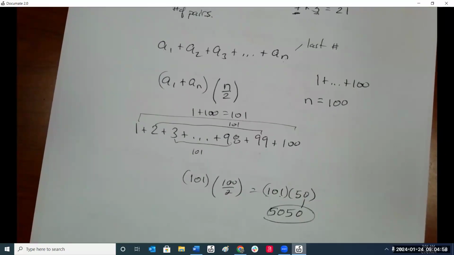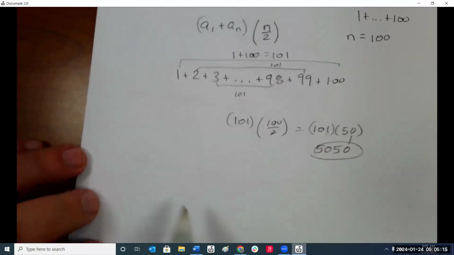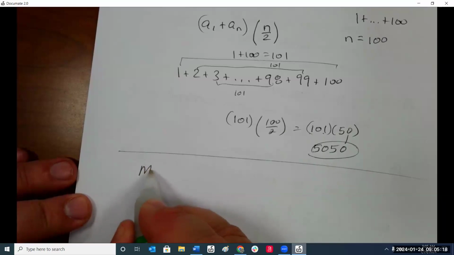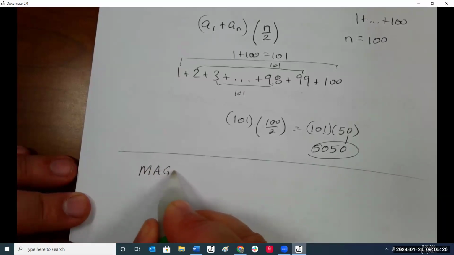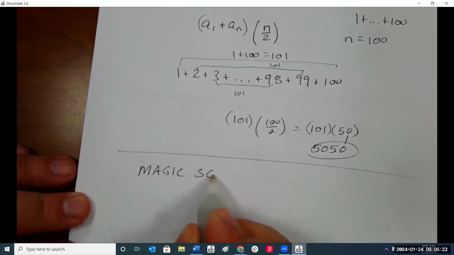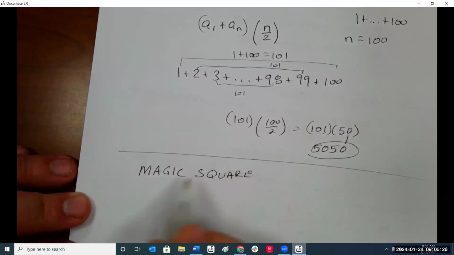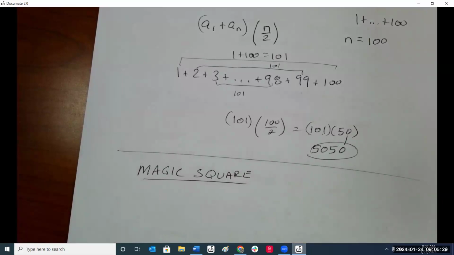Let me see my next game I want to play. That won't take too long. Ah, here's one I like. It's called the magic square.